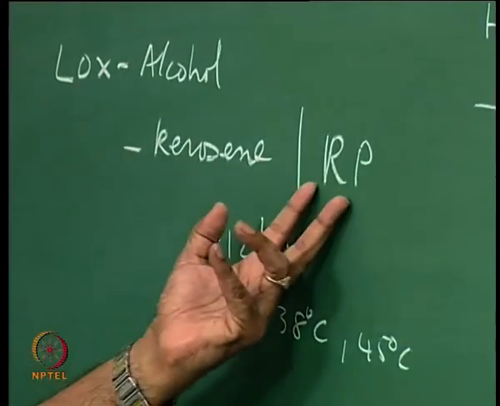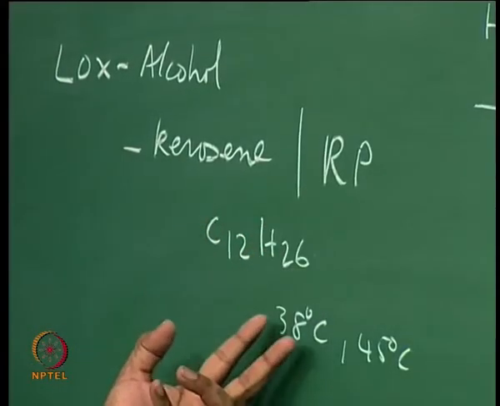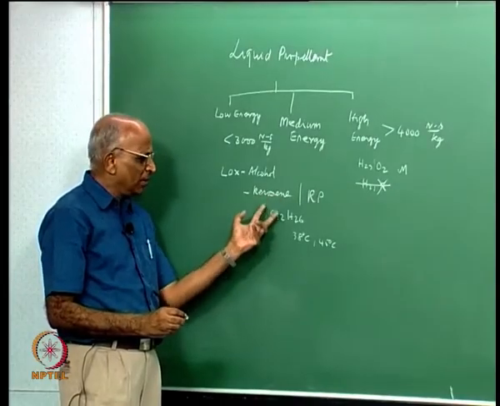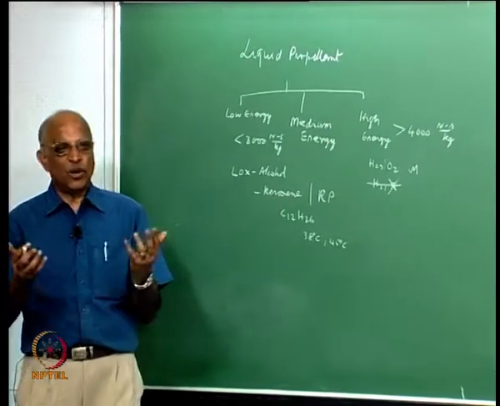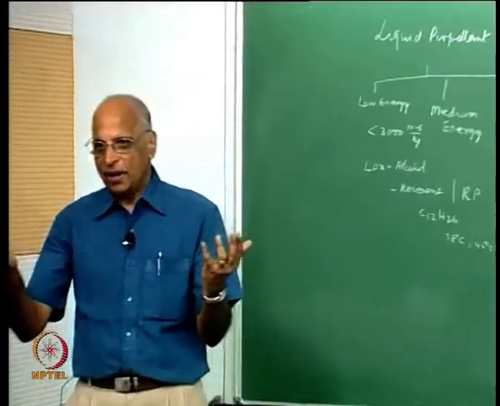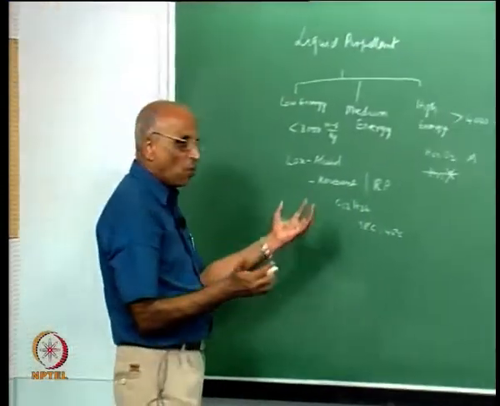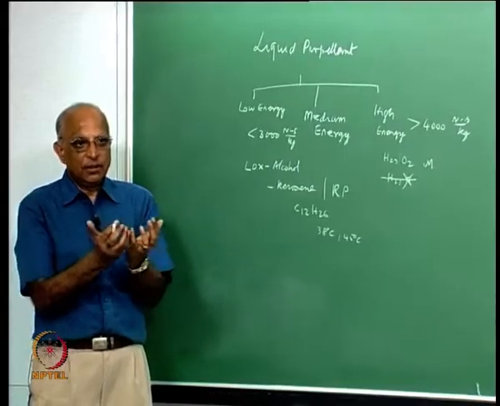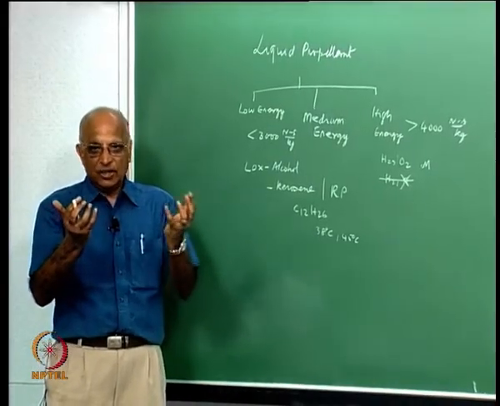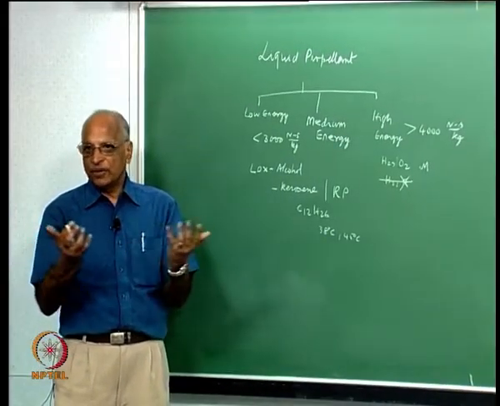Kerosene is basically referred to as a rocket propellant, but we put some additives into kerosene such that the flash point, you all would have read about flash point and fire point. Flash point is where you have some vapor coming but the flame cannot persist, whereas fire point is one wherein we have so much copious vapor that even when you remove the ignition source the fire continues.